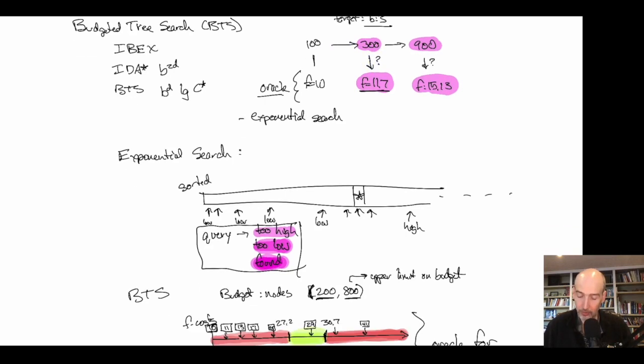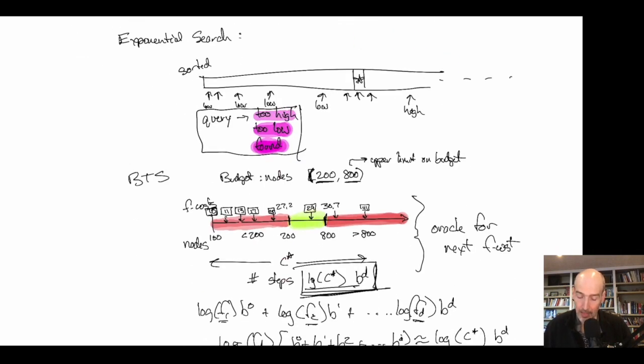So we're going to use exponential search. We're going to do an exponential search on F costs using a budget of node expansions. We're going to put an upper limit on how many nodes we expand, and then do an exponential search to eventually find the next F cost we should use that will put us within that limit.